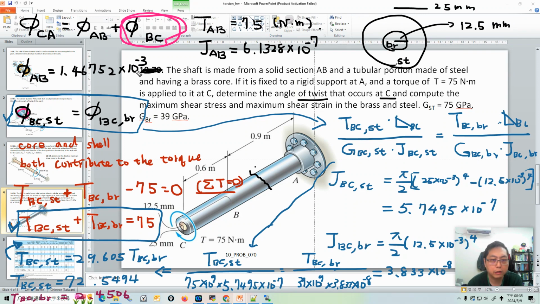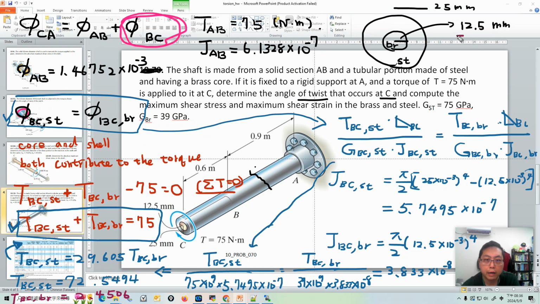I think I need to make some notes here. Where is the empty space I have? Okay, I just make a note here.